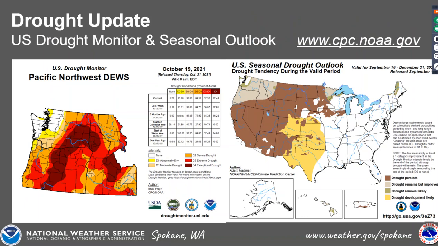What about our drought? Well, this was the drought monitor that was sent out today. Well, I don't think that was the one from today. I'm sorry. The one from today actually takes exceptional drought, which is this dark maroony brown, out of southern Spokane County. So that's good. We are improving. I think it took it out of parts of Lincoln County as well.